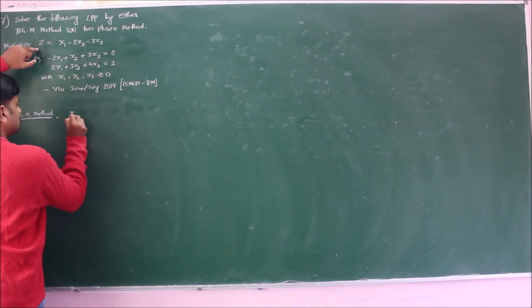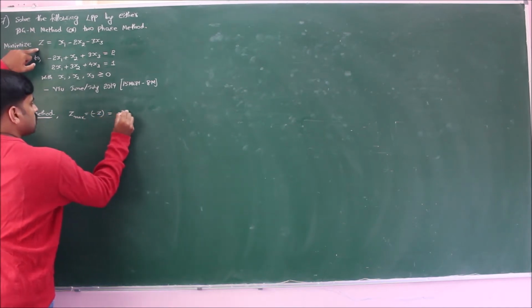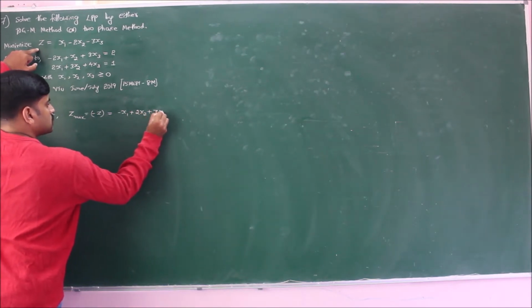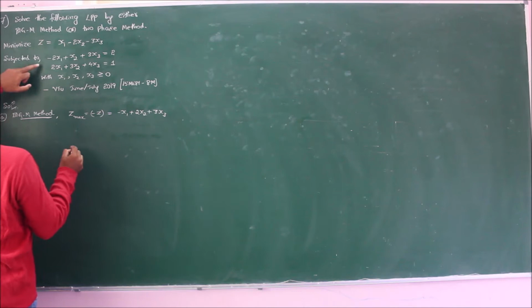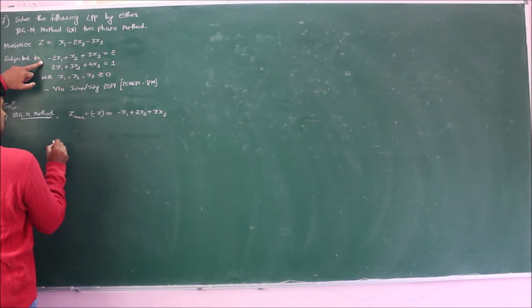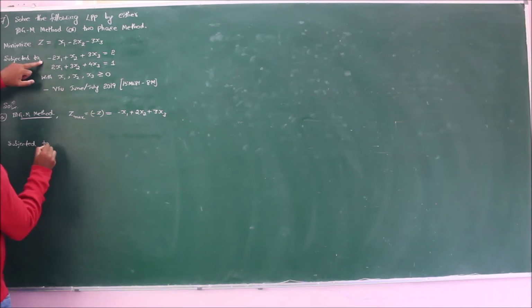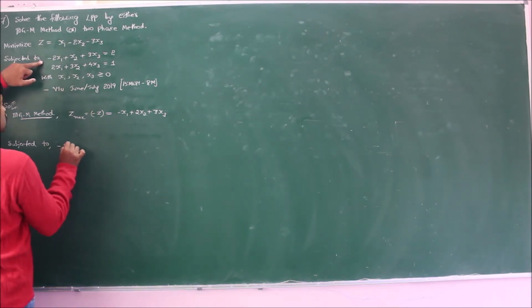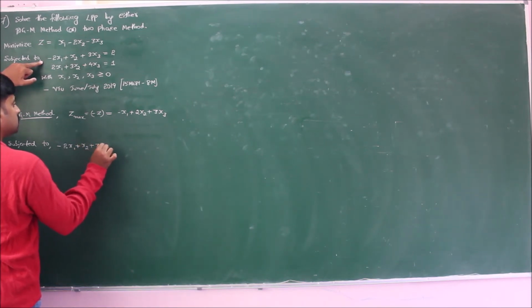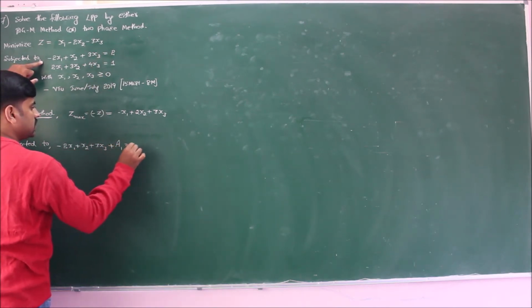So Z max, which is equal to minus Z, will become minus x1 plus 2x2 plus 3x3, and coming for the constraints, we have subject to minus 2x1 plus x2 plus 3x3. Since we have an equal to sign, I should add only artificial variable a1 equals 2.